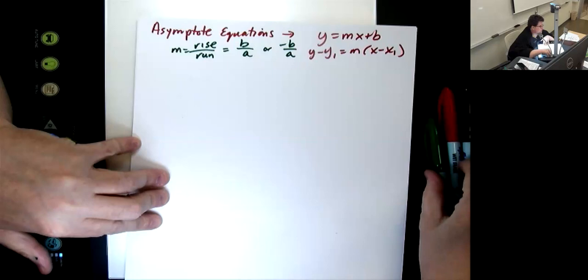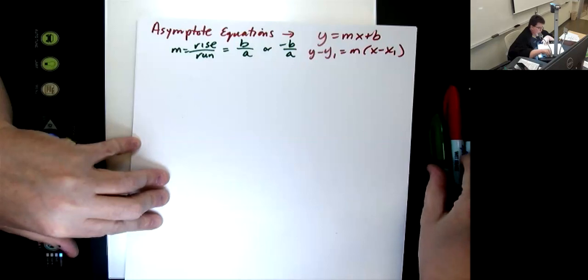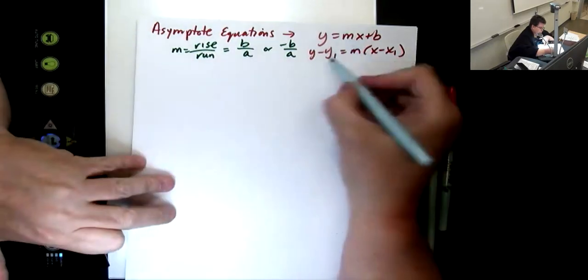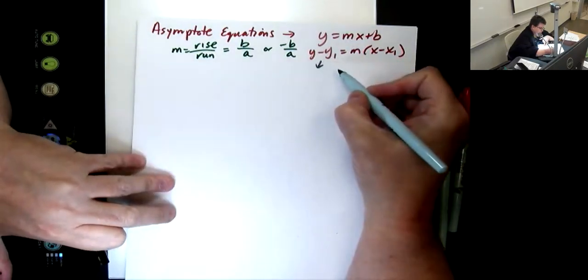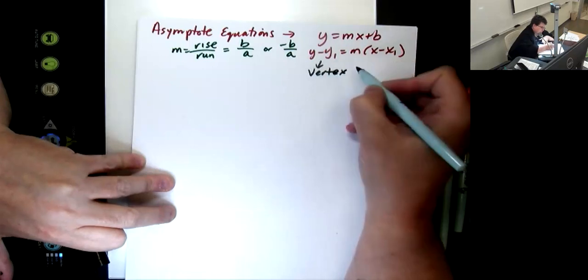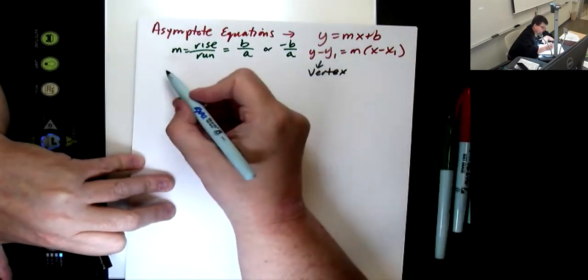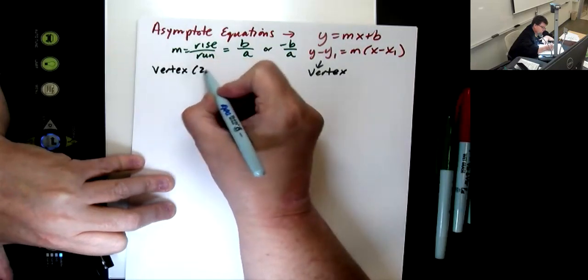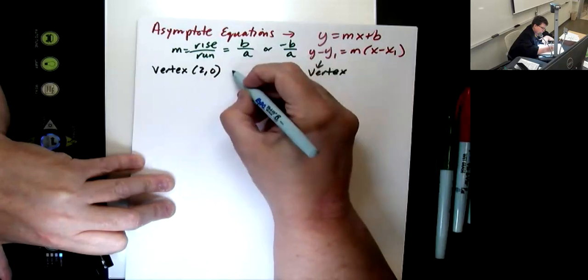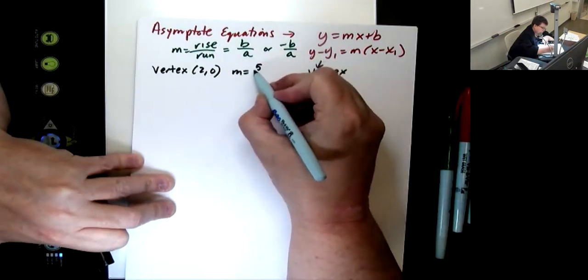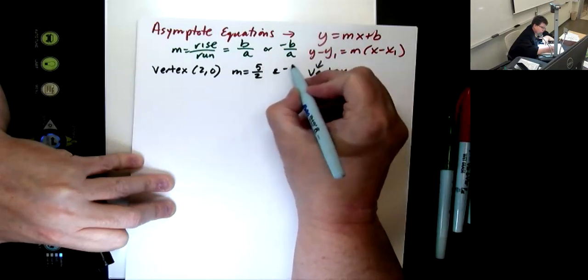And a vertex goes through the hyperbola, so the easiest way to get the equation for the line is to use this slope and use a vertex. So 2, 0 was one of our vertices. My m for this: a was 2 and b was 5, so we got 5 halves and negative 5 halves.